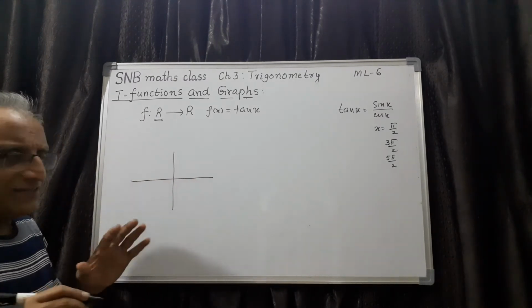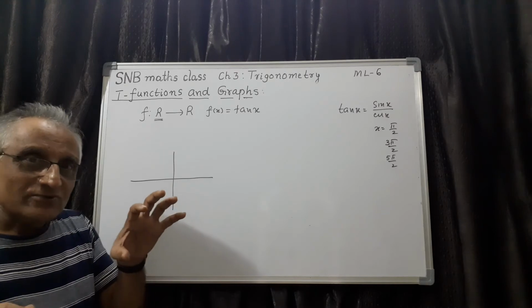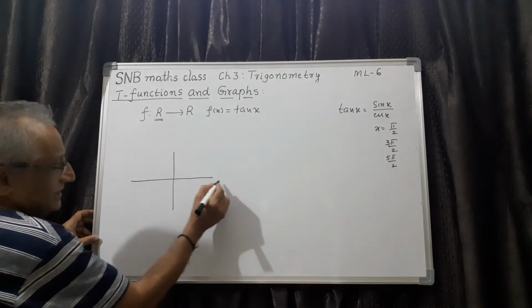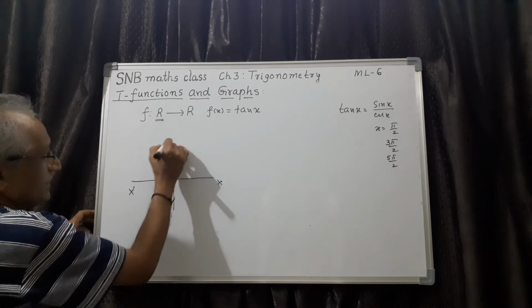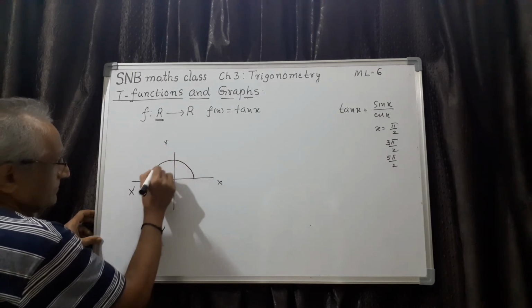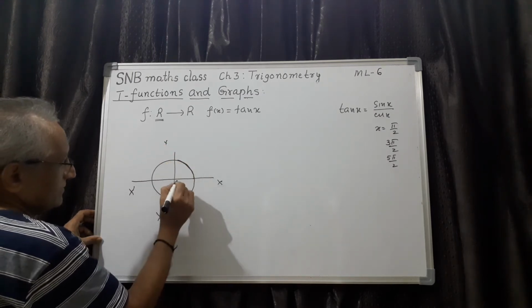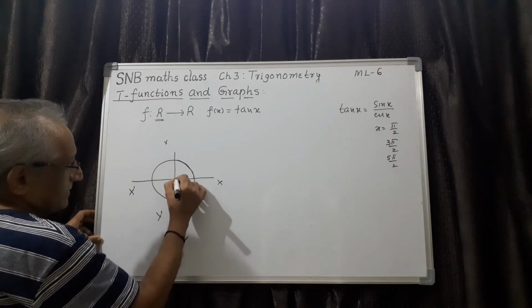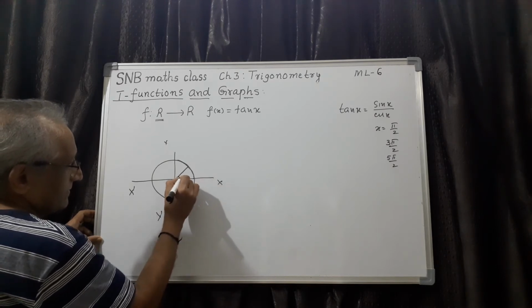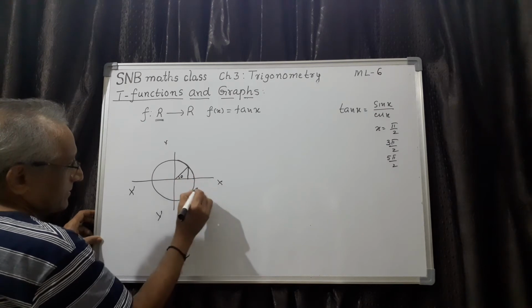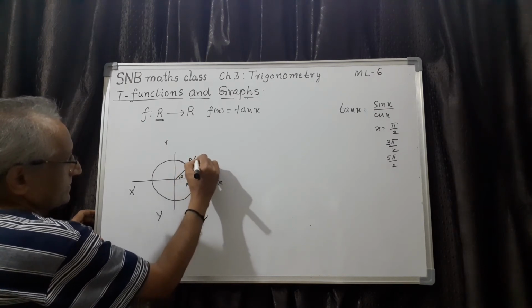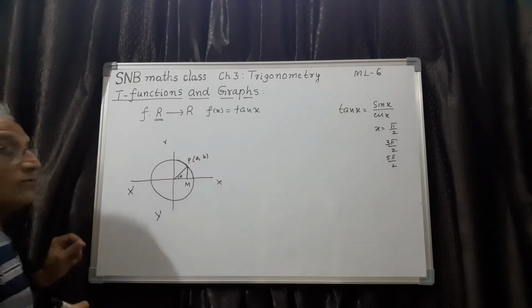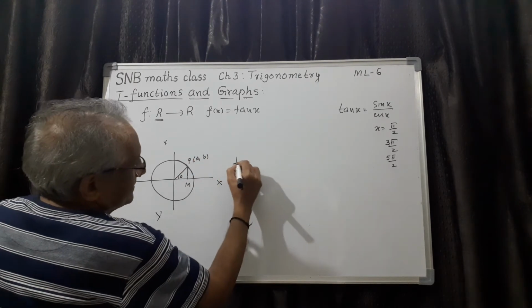Everything depends on how you develop the concept. Once again, take x dash, x, y dash, y and draw the diagram. Take a unit circle, take an angle theta, draw the perpendicular. Let us say this is M, this is P, this is A, B. What is tan x actually?